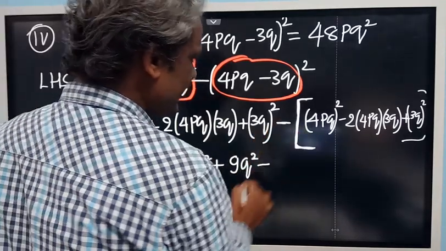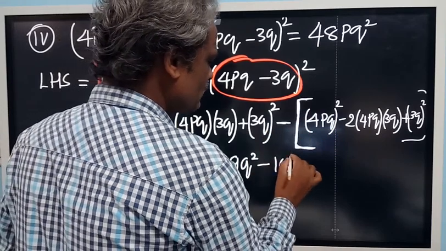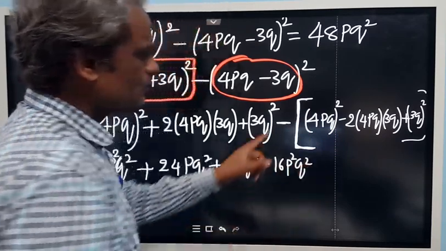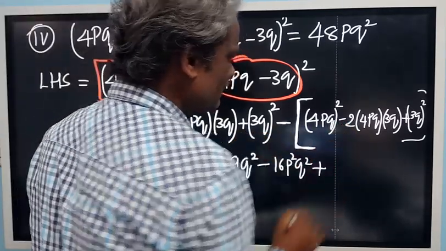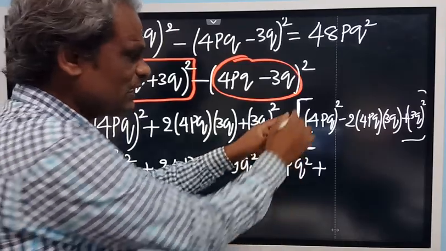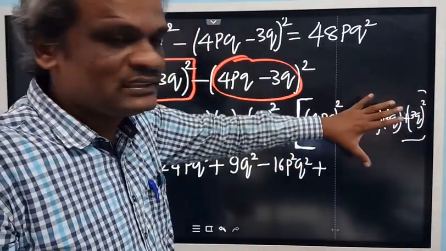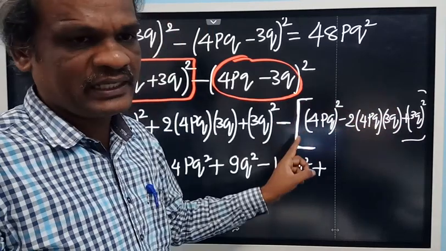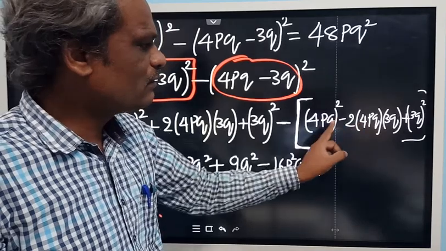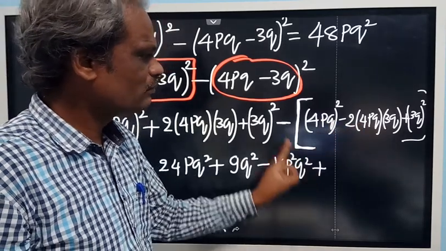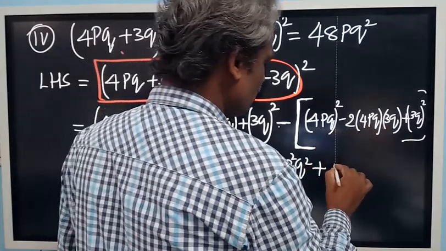Minus into plus is minus, so this 16p²q² becomes minus 16p²q². So every sign changes here. Minus into minus becomes plus. That's why I told you to write inside the bracket. When you have a minus sign, you have to write this inside the bracket, then multiply.